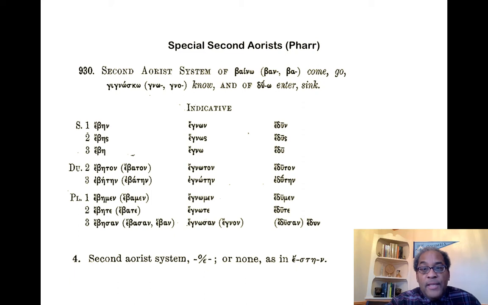You get these endings added directly without the omega or the epsilon, and thus you get ebēn, ebēs, ebē, ebēmen, ebēte, ebēsan, egnōn, egnōs, egnō, egnōmen, egnōte, egnōsan, edun, edus, edu, edumen, edute, edusan.